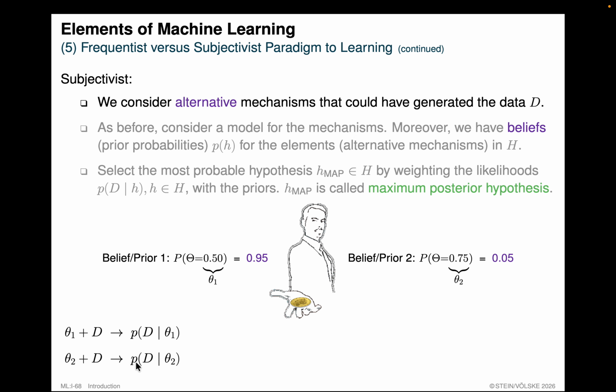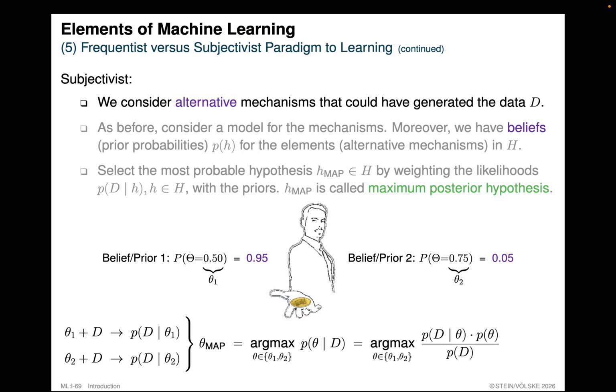Or this one, given these two different alternative parameters? All we do is, again, basically maximize, choose the maximum a posteriori hypothesis in this case. So this is not the maximum likelihood hypothesis. It is the maximum a posteriori hypothesis based on our two priors.